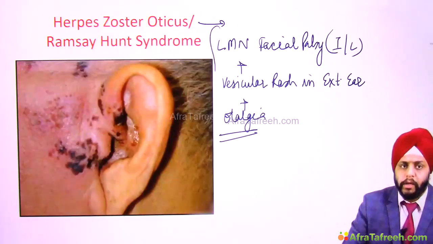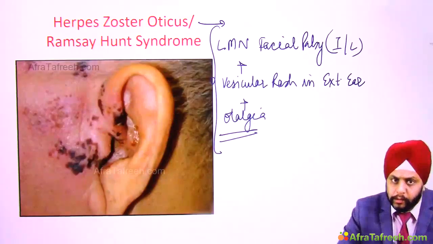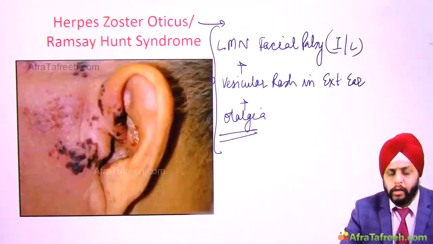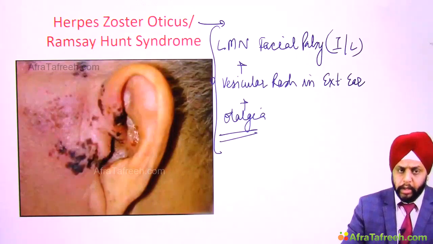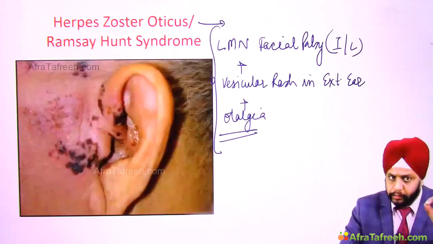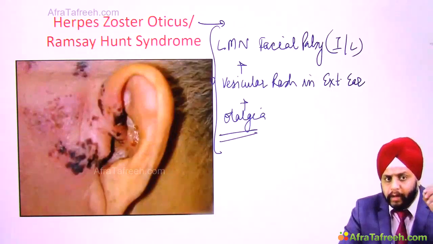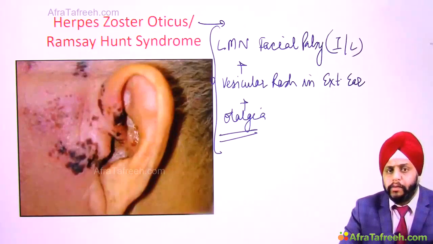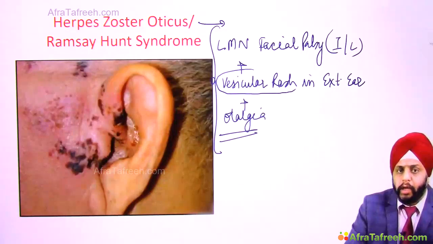Okay, so Ramsay-Hunt syndrome or herpes zoster oticus is a triad of these three things: lower motor neuron facial palsy, vesicular rash in external ear, and otalgia, ear pain. Now this vesicular rash has vesicles, fluid filled lesions. You can take the fluid from these vesicles, send it for PCR, and demonstrate the presence of virus.